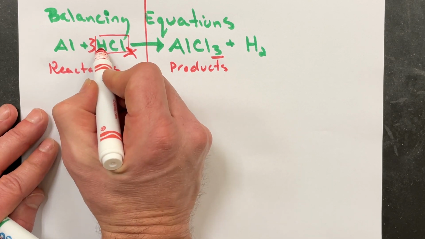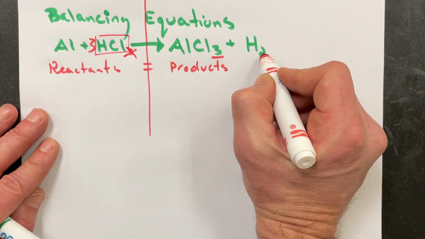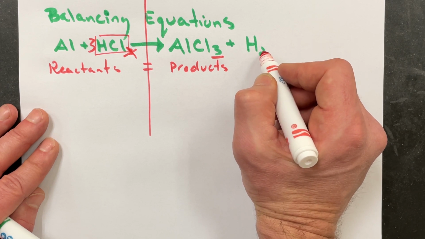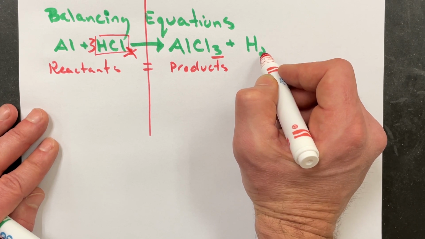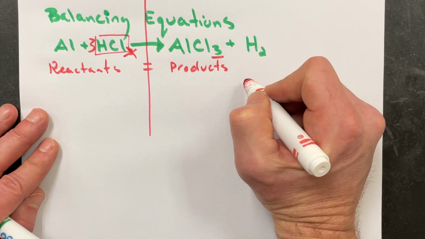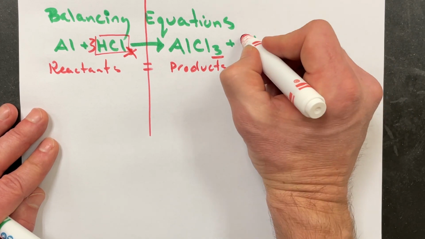Now I have three H's, but over here I have two H's. Whenever I have a situation like that, what I like to do is go to the first number they both go into. And the first number 3 and 2 go into is 6. So 2 times what is 6? 2 times 3 is 6.